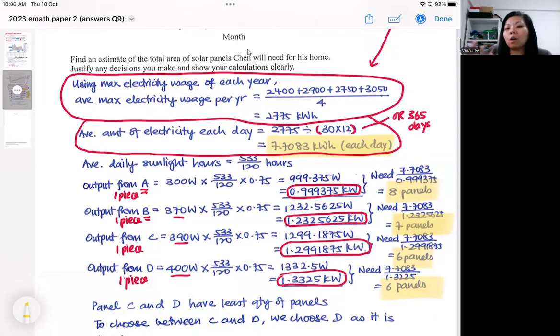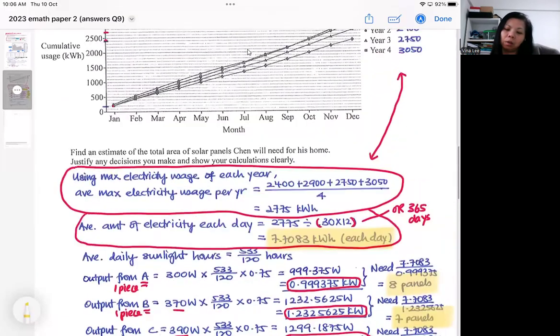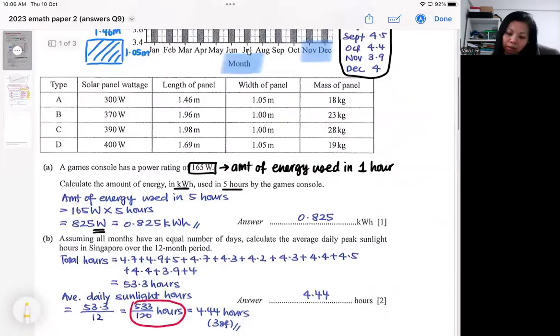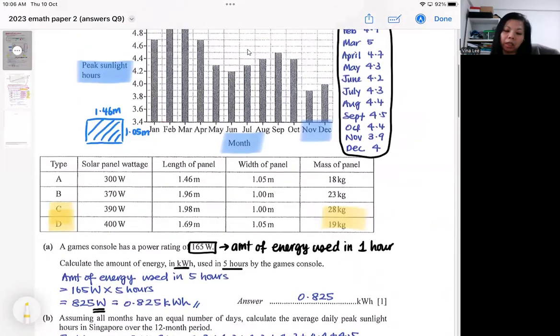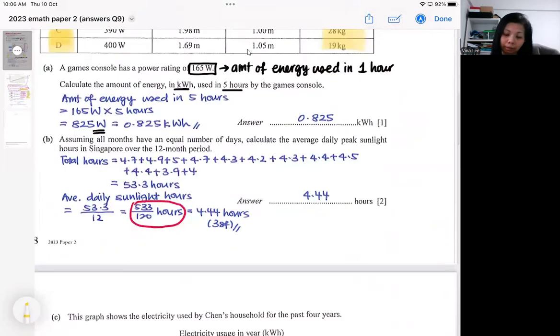Okay, so you got to buy a whole number of panels. So if you compare all this, you find that C and D are the ones that you do not need to buy so much of. So in such a case, if you are choosing between C and D, you can eventually decide which one is the lighter one.